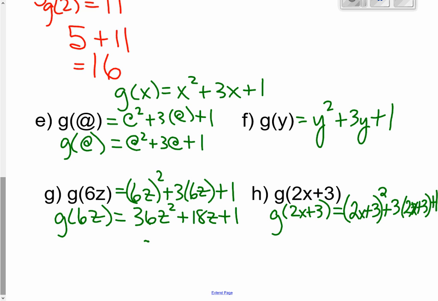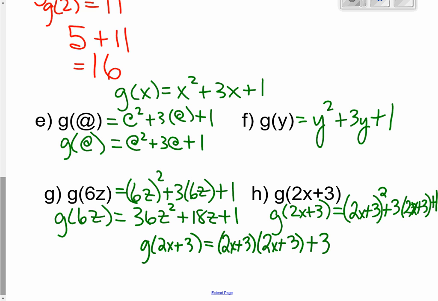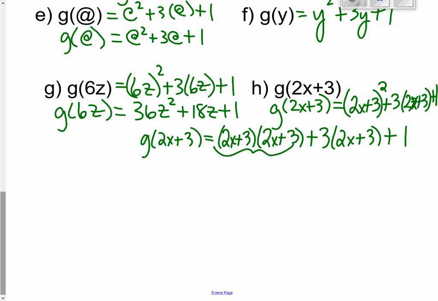All right, so g of 2x plus 3. Now, that (2x plus 3) squared is the same thing as (2x plus 3) times (2x plus 3), plus 3 times (2x plus 3), plus 1. I want you to realize that squared means the same thing twice. To simplify this, I'm going to have to expand that out using my distributive property.